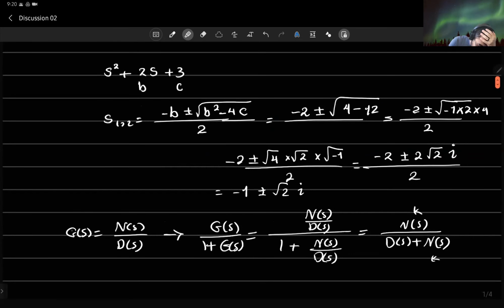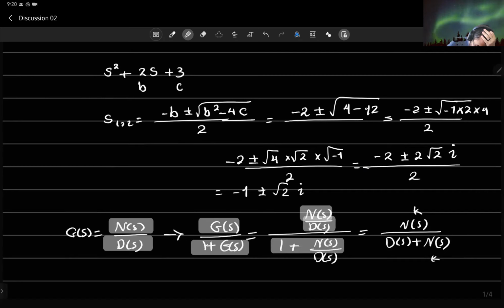If the open loop transfer function G of s can be written as N of s divided by D of s, then G of s divided by 1 plus G of s is N of s over D of s, everything divided by 1 plus N of s over D of s. So you multiply the numerator and the denominator by D of s, and you get that the closed loop transfer function T will be N of s divided by D of s plus N of s.